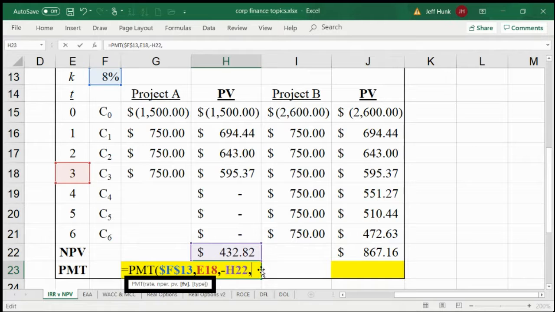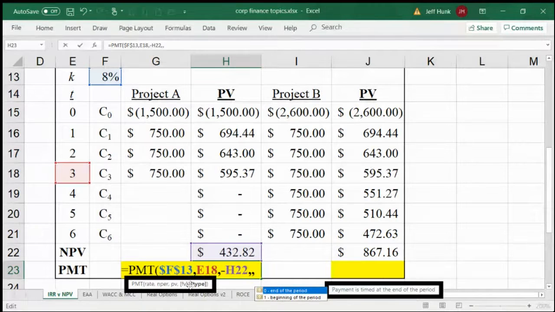And then there is no future value, right? Because this is the present value of an annuity. And then you shouldn't forget the comma again, because between each comma, that means there was a variable. Whether it is non-existent or not, you have to put a comma there. And then next is type.